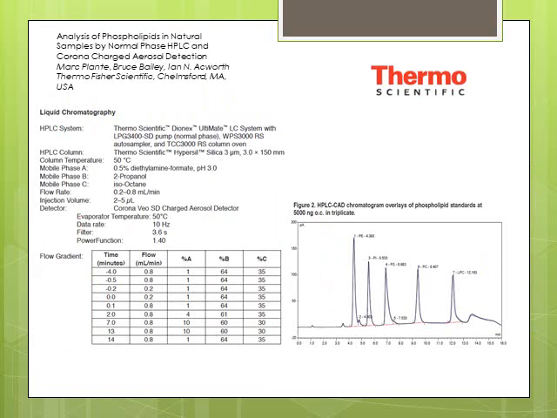The other method is published by Thermo Fisher. Again, this is normal phase, and as I recall, they have two conditions, one for an analytical column and one for a prep column. The mobile phase is a combination of 2-propanol, isooctane, and the mobile phase A is diethylamine formate buffer at pH 3.